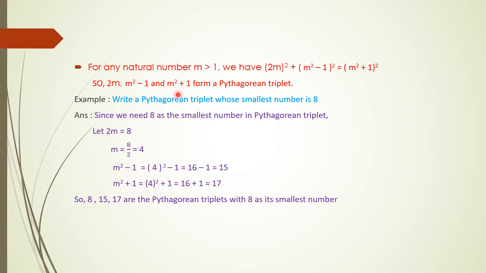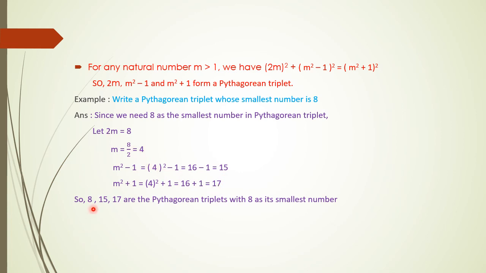So m square minus 1 is equal to 15, our second number. And m square plus 1, we have to find the third number. And m square plus 1 is equal to, m is, you know, 4. 4 square plus 1. 4 square is 16. 16 plus 1 is equal to 17. So 17 is the third number. So our numbers are 8, 15 and 17. They form the Pythagorean triplet.